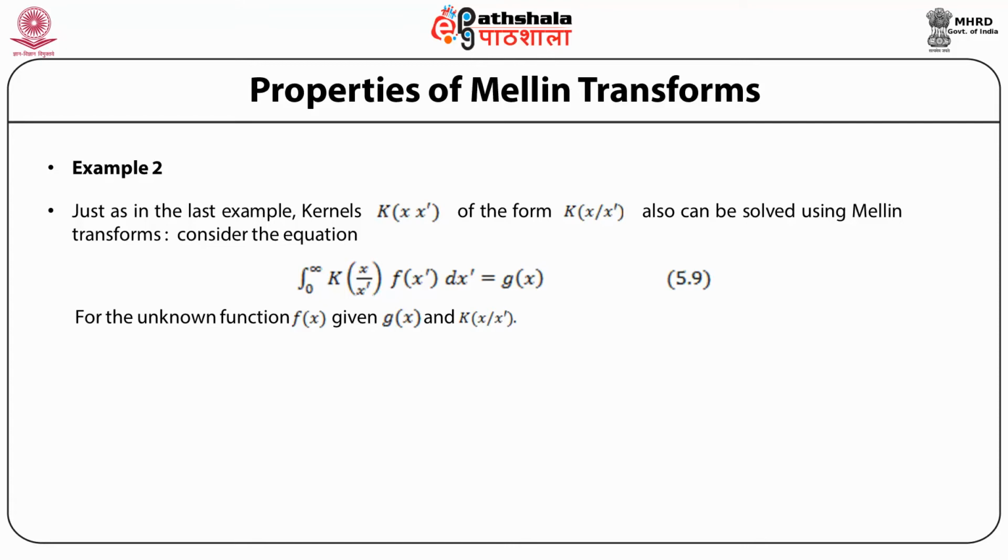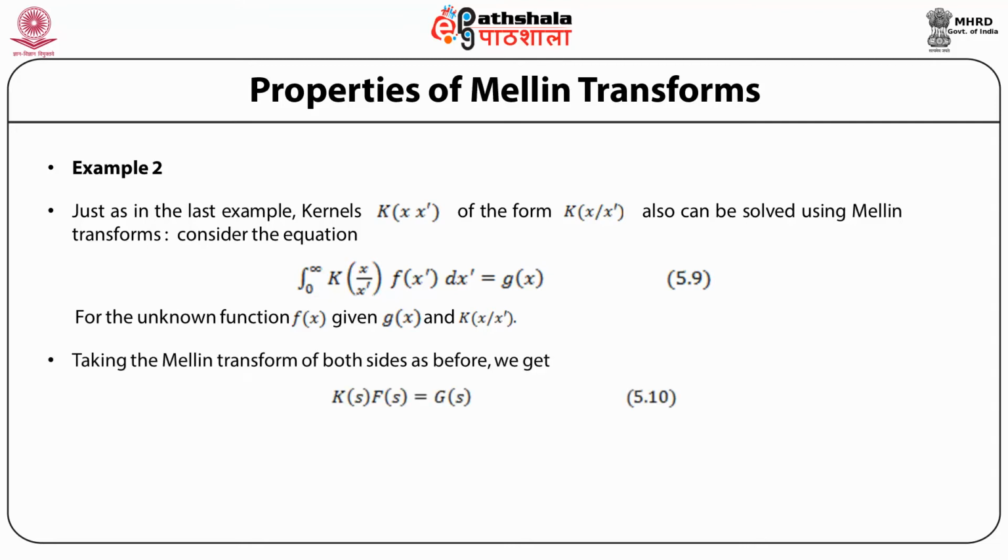Consider, for example, the equation integral from 0 to infinity of k(x/x') f(x') dx' equals g(x), where g(x) and k(x/x') are known and f(x) is the unknown function for which we have to find the solution.